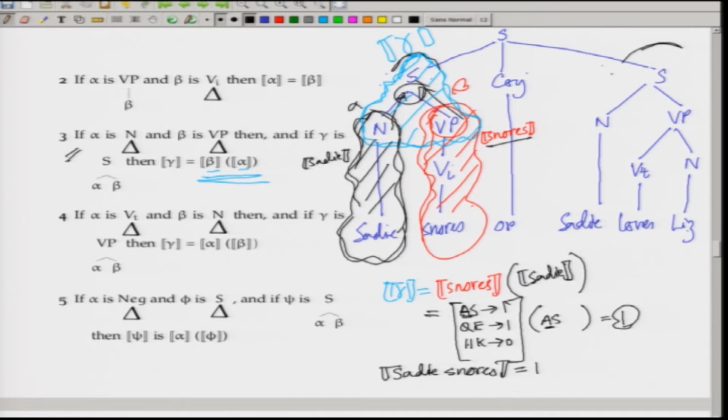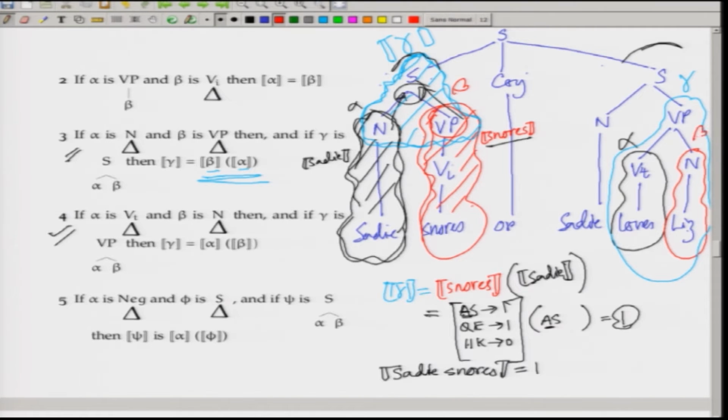Now, if alpha is VT goes to something, and we are considering rule 4, and if beta is N goes to something, then if gamma is VP goes to alpha beta, so basically if this is gamma and this was beta, then what will be the truth value of this thing, that is VP, the entire branch, VP goes to VT and N?